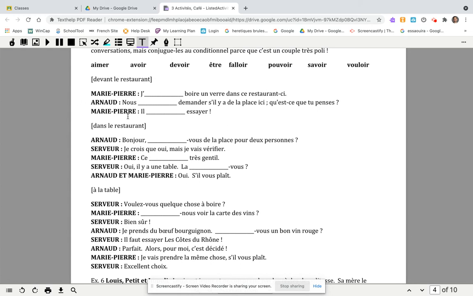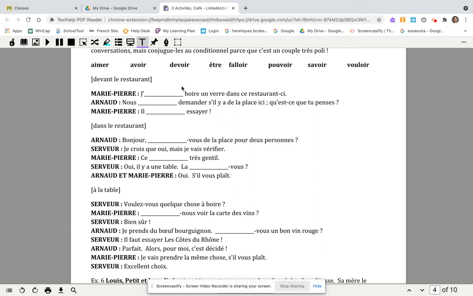Bon. So it looks like there's three scenes. There's in front of the restaurant, in the restaurant, and at the table. So Marie-Pierre says first, je blank boire un verre dans ce restaurant-ci. So I might be thinking, oh, I want to drink a glass in this restaurant here. But it can't be vouloir because it's J apostrophe. So, I'm stuck. I could drink a glass. Also, it starts with a vowel.